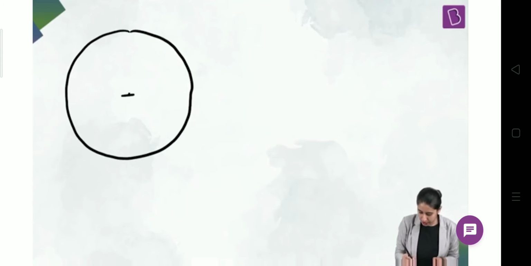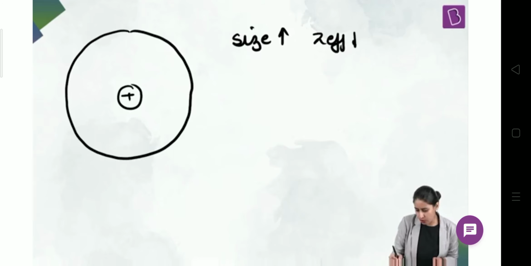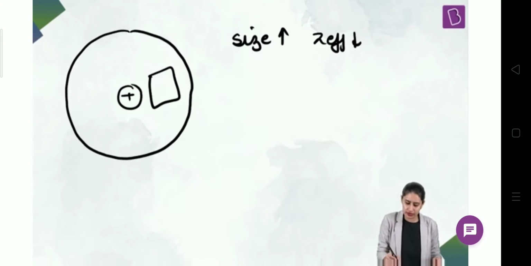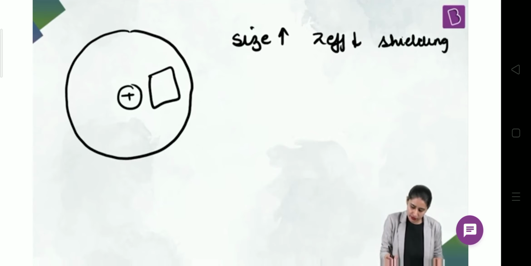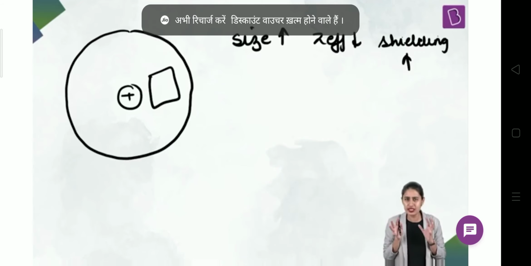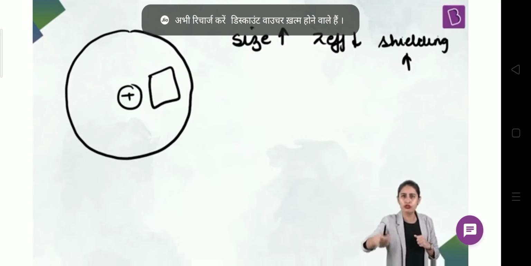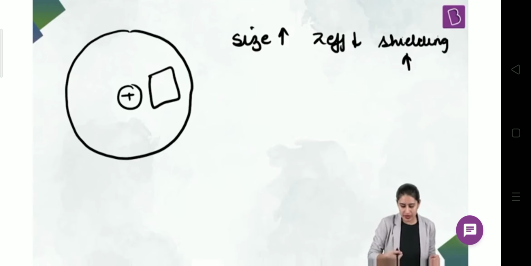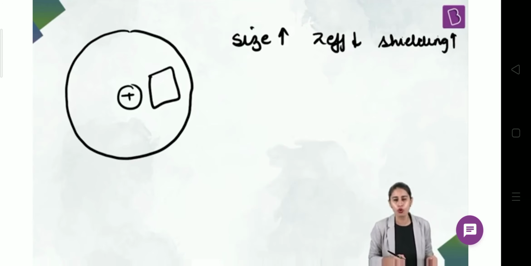I can say Z effective is low, because the shielding of the inner electrons was high. If shielding would have been less, the hold of the nucleus on the outermost electron would have been high. But if shielding is more, we can say that the size is hence high and Z effective is hence low.